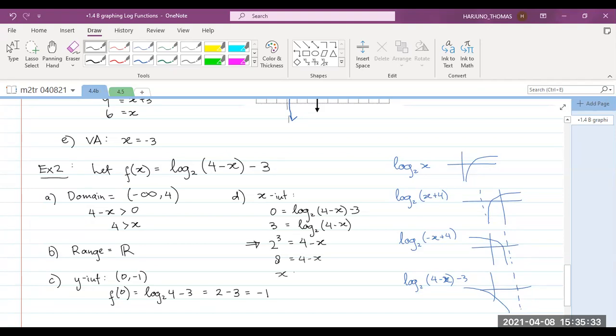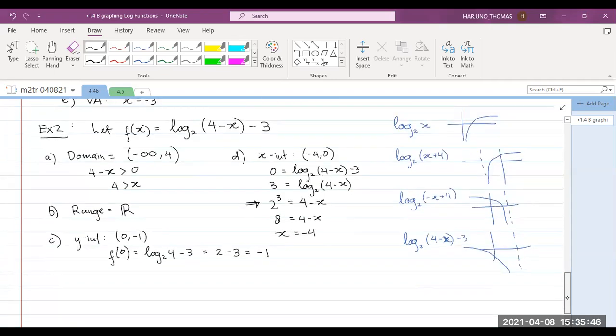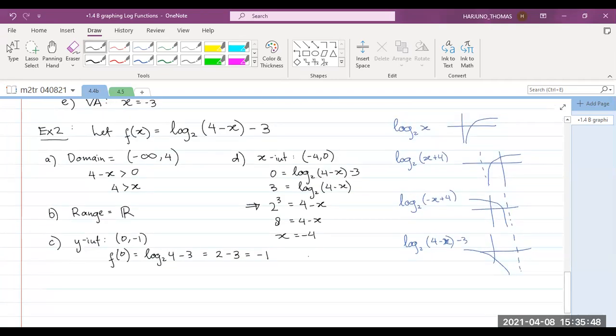So x is negative 4. That's right. So the x-intercept is (negative 4, 0). Now the vertical asymptote, let me do it here. Vertical asymptote, as we can see in our sketch there, is x equals 4.